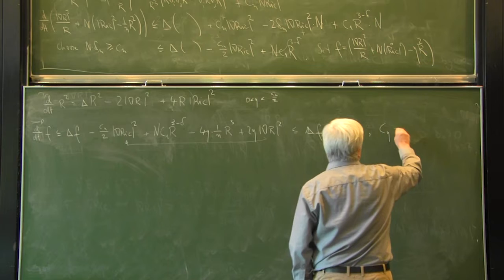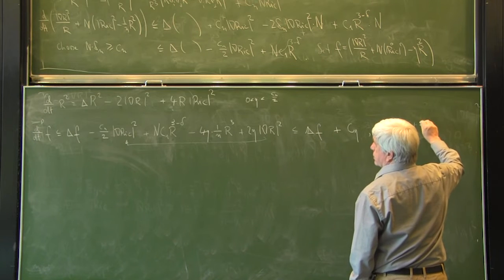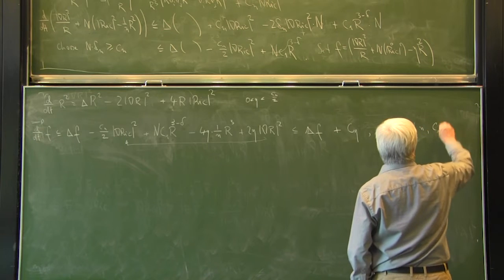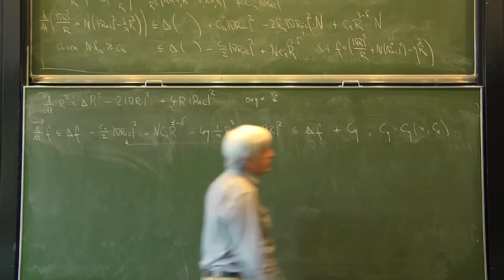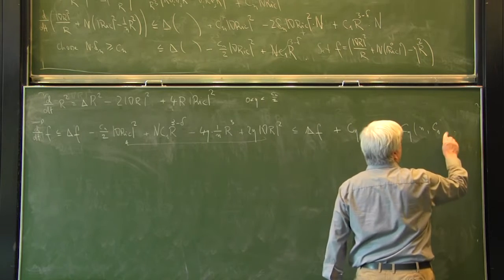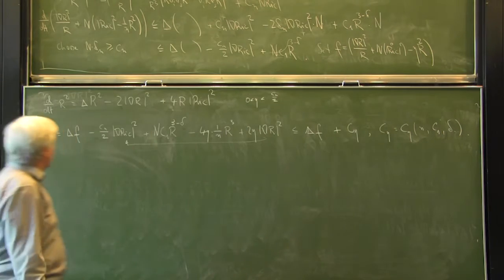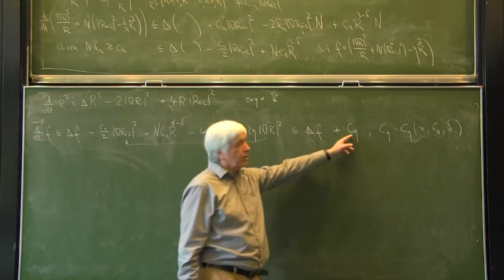And c of eta depends on our quantity c1 and on the delta, of course. Okay, so here we have an evolution equation, a parabolic inequality for a scalar function where we just have an absolute term c of eta.